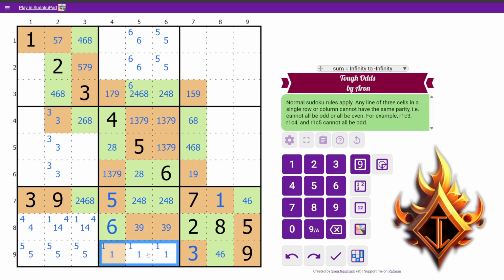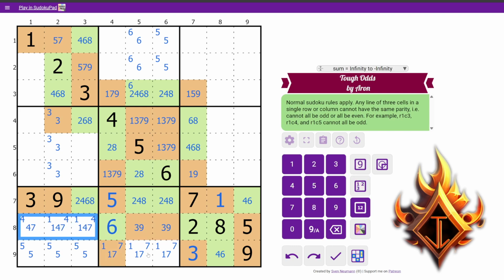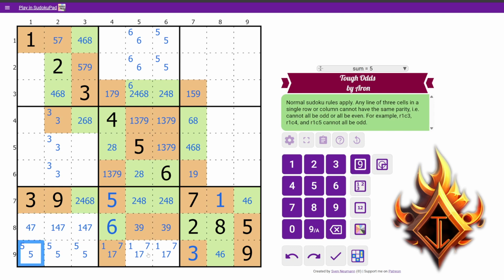There is a 7 down here. There is a 7 over here. That is all 3 numbers in the middle row. And this will be 147. That's 2 odds. Doesn't seem to be a big deal.